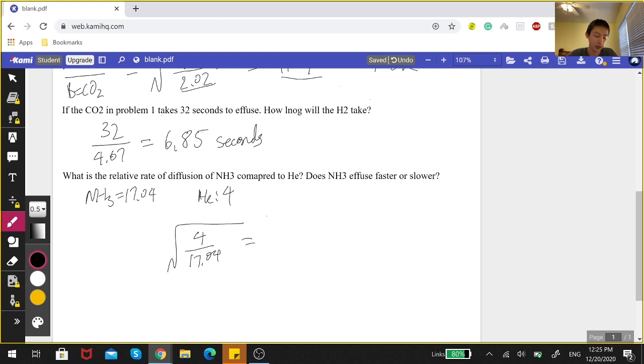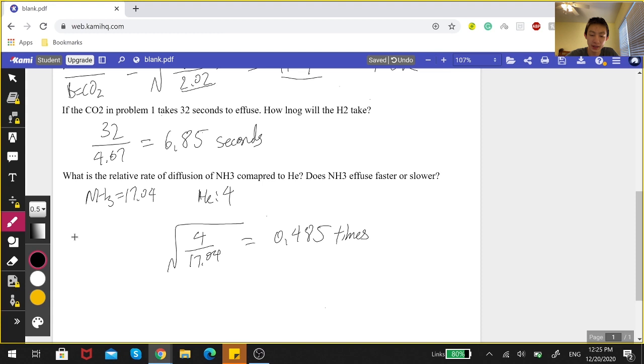If we plug into our calculator, we have 4 divided by 17.04, and that gives us 0.485 times. So this is telling us that NH3 diffuses 0.485 times as fast as He.